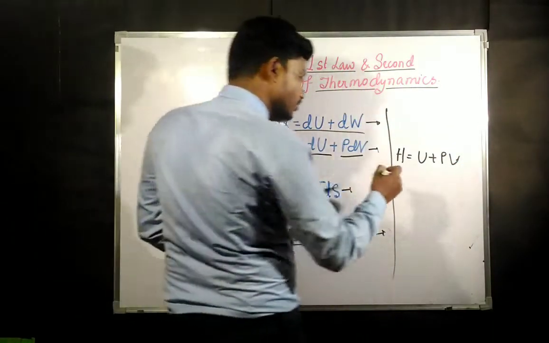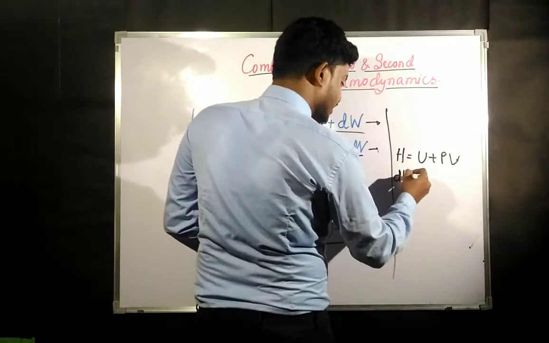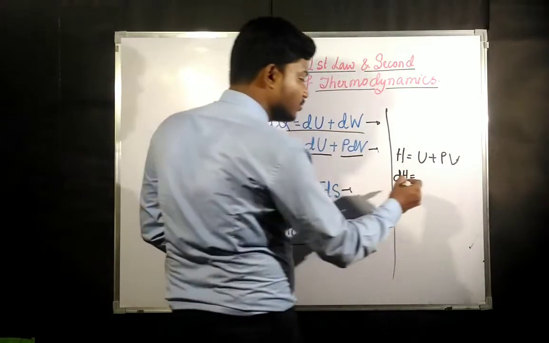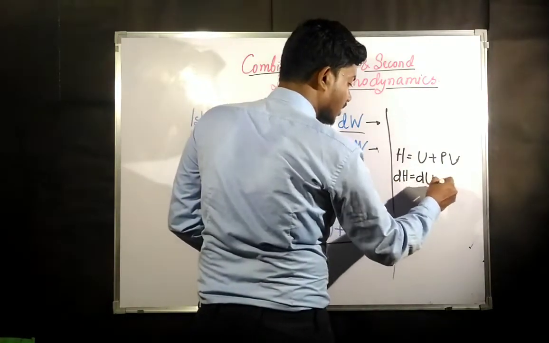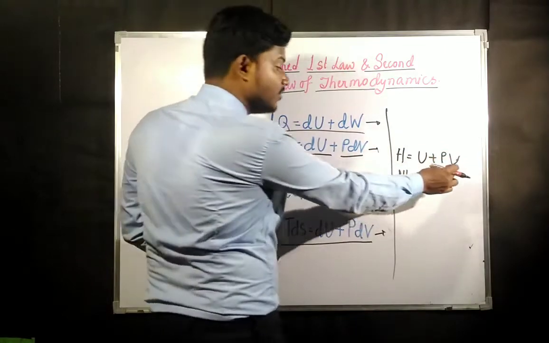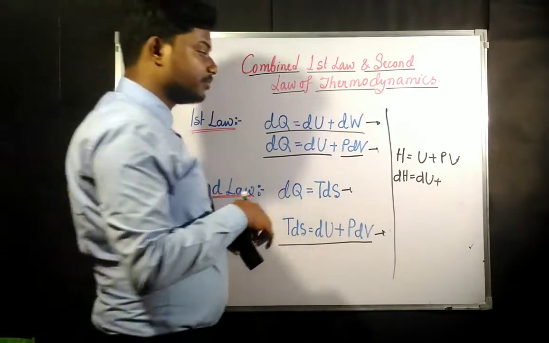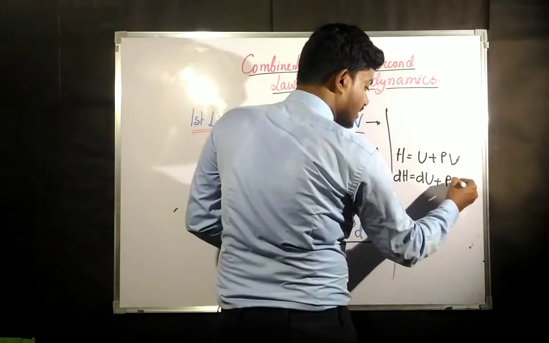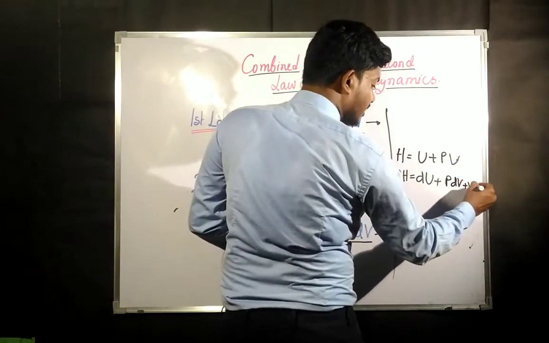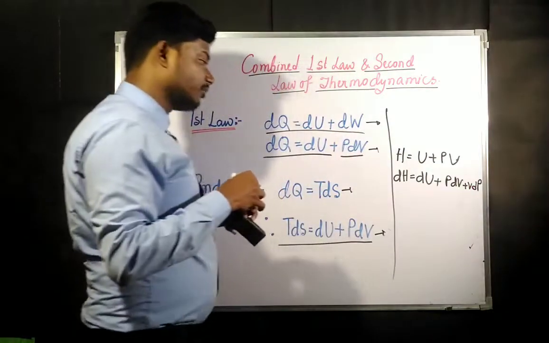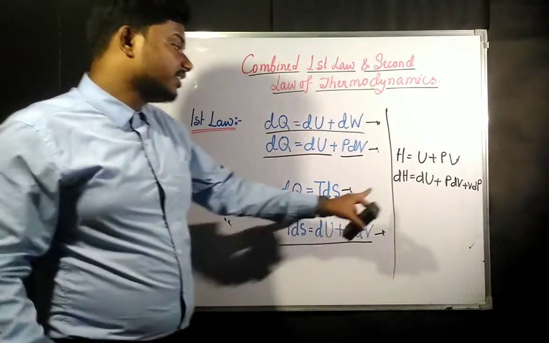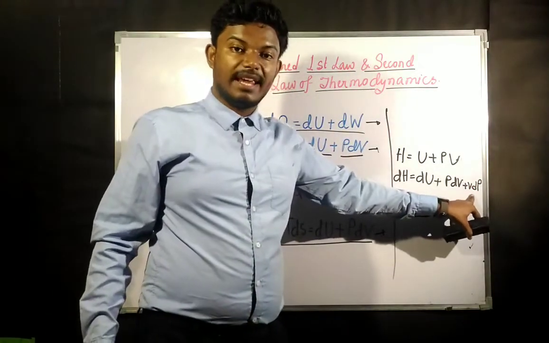Now if you differentiate this, what will happen? dH is going to be dU plus the derivative of the PV term, that means PdV plus VdP.